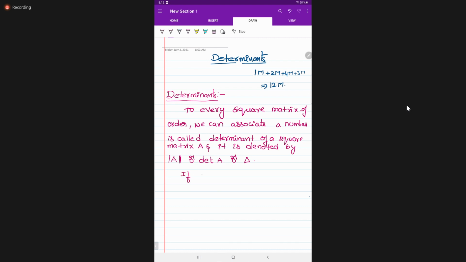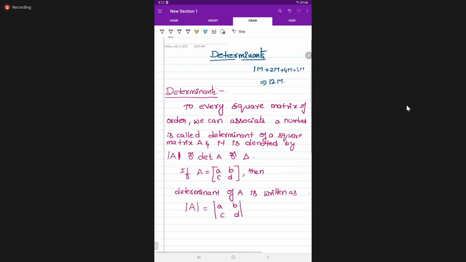Now, if a matrix capital A is equal to [A, B; C, D], a 2 by 2 matrix, then the determinant of A is written as det of A, which is equal to, converting the given matrix into a determinant, we take two straight lines. How do you expand this 2 by 2 determinant?